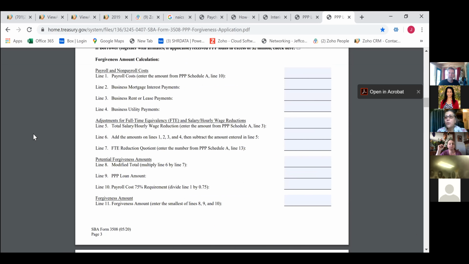Now, this is where we get into the average full-time employee. They are using 40 hours as their average. So if you have someone who worked 32 hours, they would be a 0.8, and how we get that is we take 32 divided by 40, and that gives us a 0.8. I will come back to the reduction in just a minute.